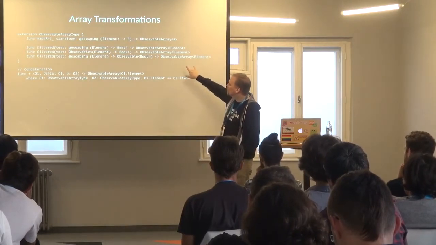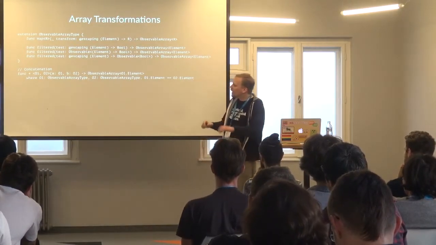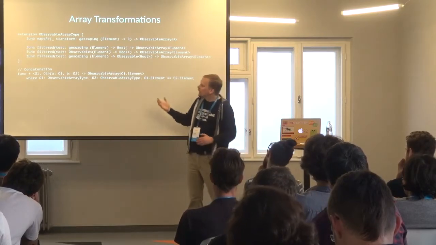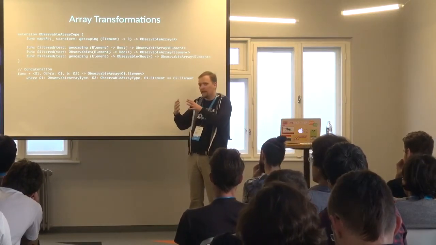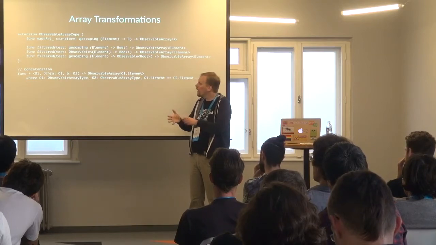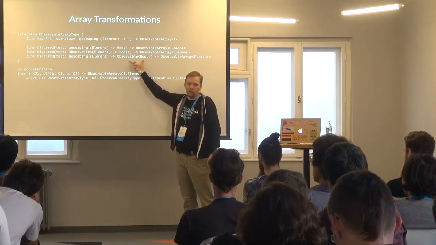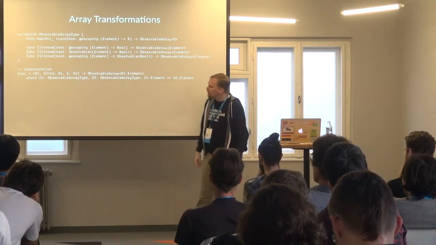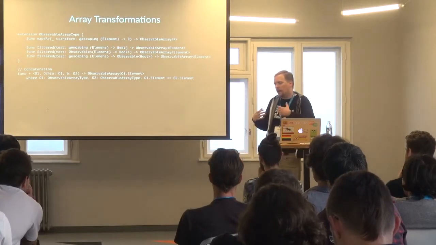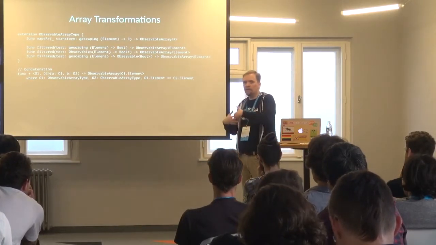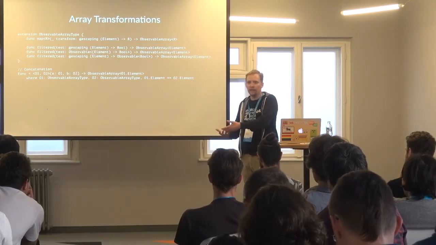What's fancier is the third one, where the predicate takes an element out of the array and generates an observable Boolean out of it. What is this? Well, sometimes the element type of an array contains observable fields or properties itself.